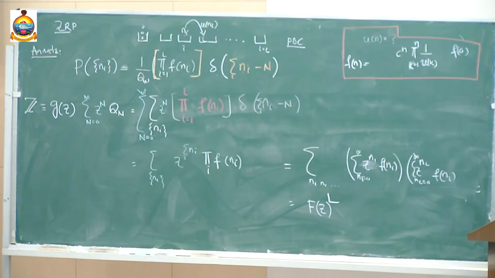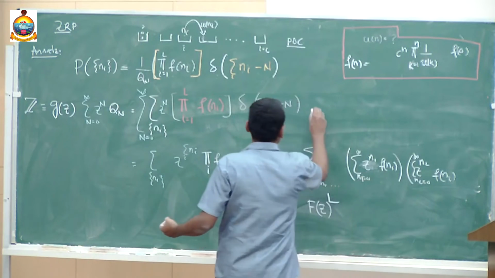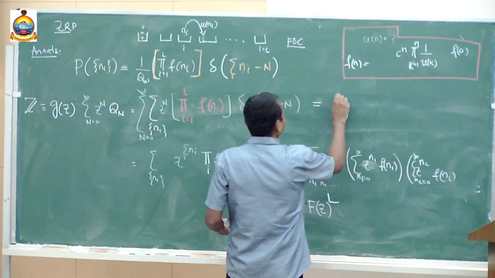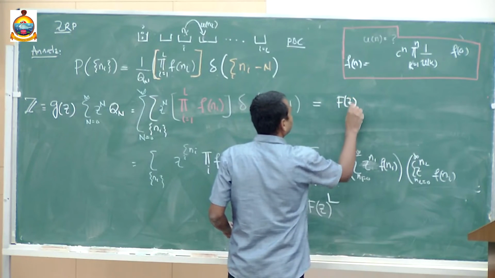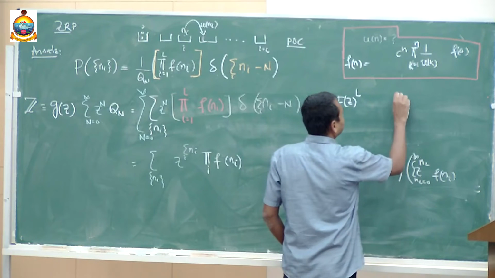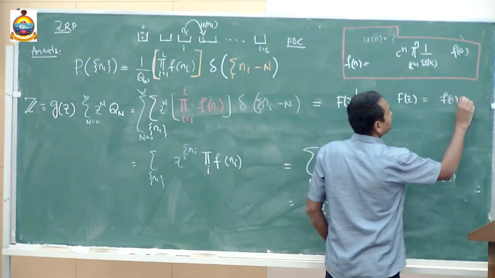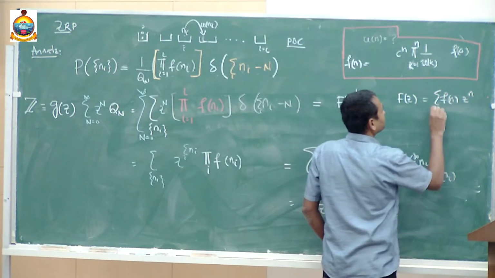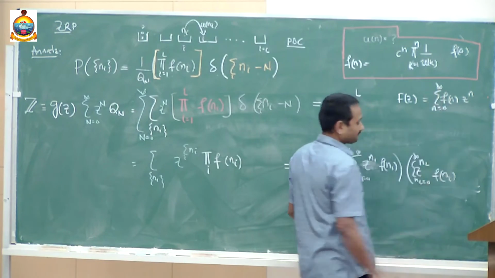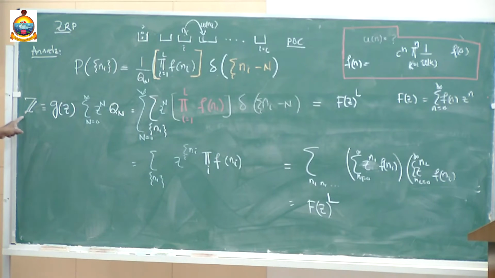You can call it that. This Z is just f of z to the power L, where f of z equals the summation over n equal to 0 to infinity of fn z to the power n. That's the result, right? This is the Z we find.